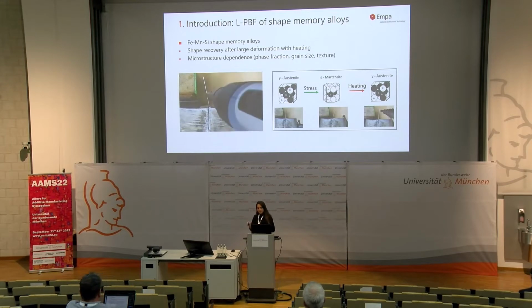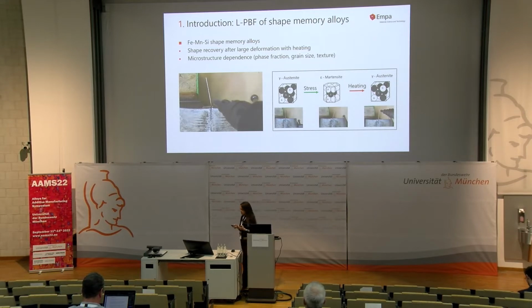The mechanism that is responsible for this shape recovery is mainly a phase transformation. When we apply a stress, we induce a solid state transformation from a high temperature phase, austenite, to a low temperature phase, martensite. This is what we induce by deformation. So now the bar is deformed and we have a martensitic sample.